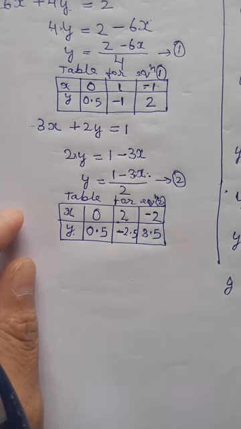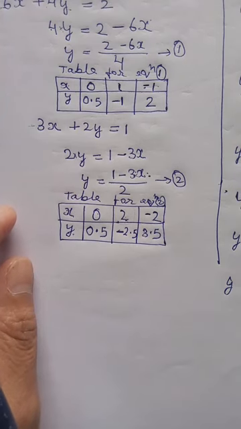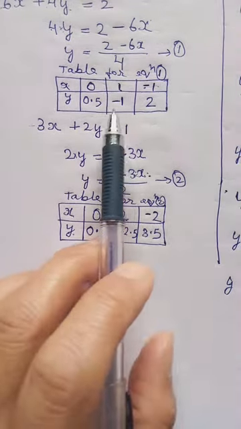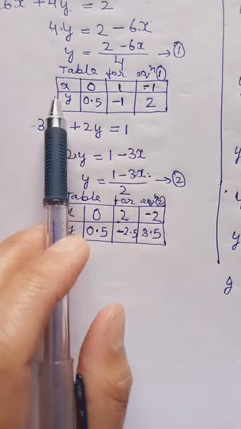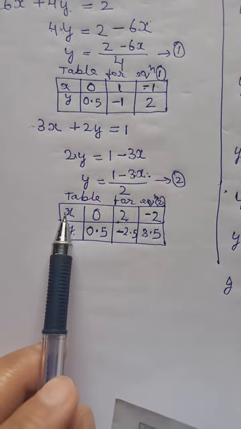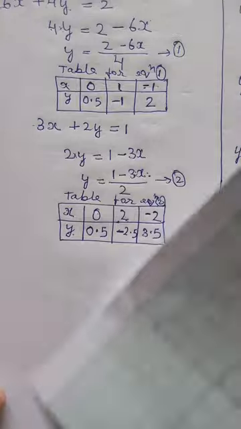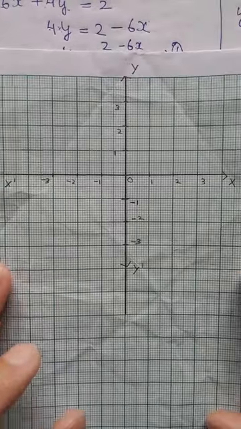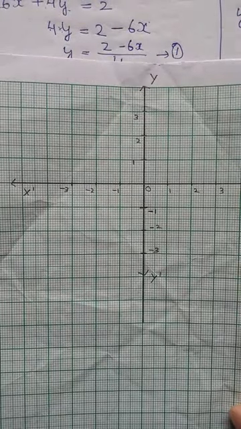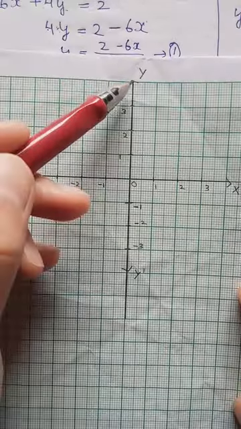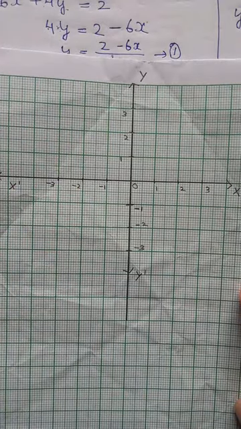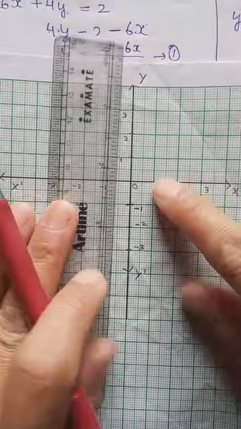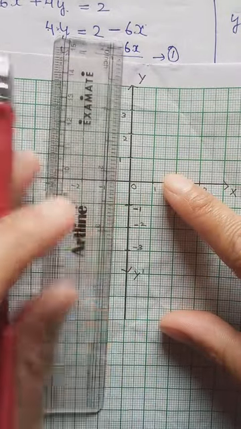We will plot the graph. Here you see the maximum value for y is 2, and the maximum value for x is 2.5. That means 4. So you take those. You take your ruler, and when you draw, be careful. You see it should exactly coincide with this dark green one.